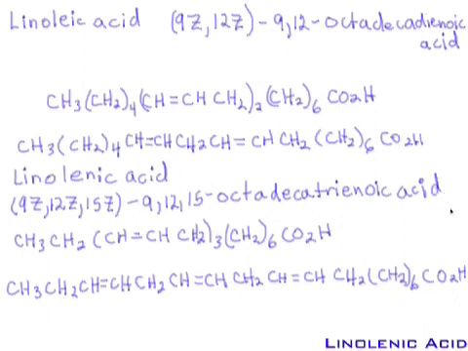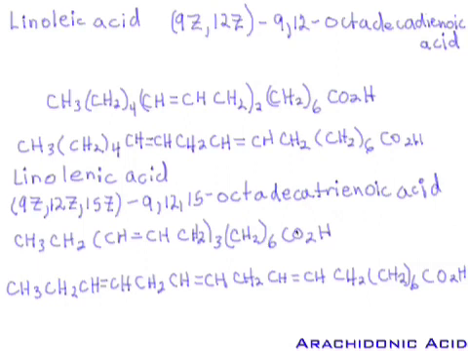Make sure you know and understand these IUPAC names. Notice, octadeca means 18. It's based on decane, which is 10. Octadecane, right, is 18. So that's where the octadeca comes from.